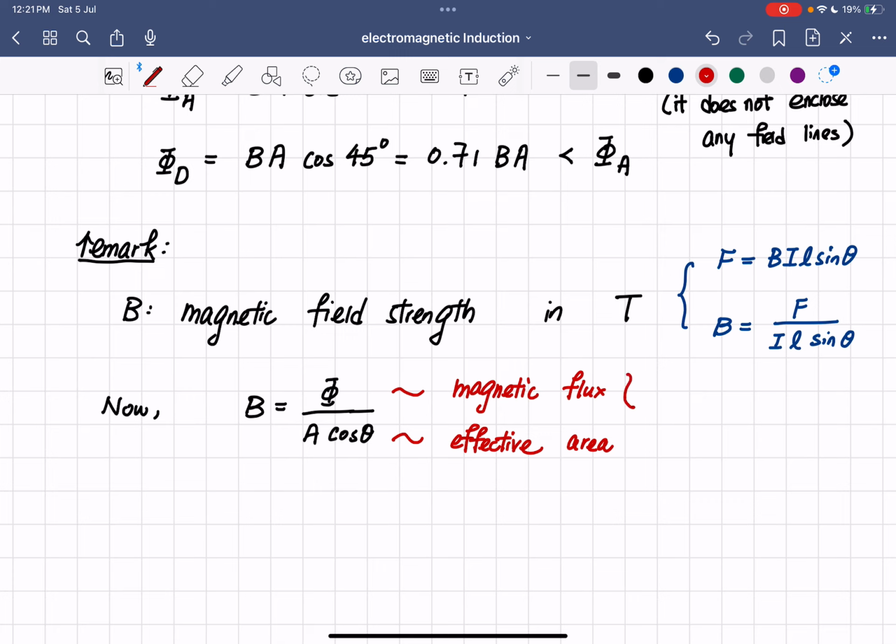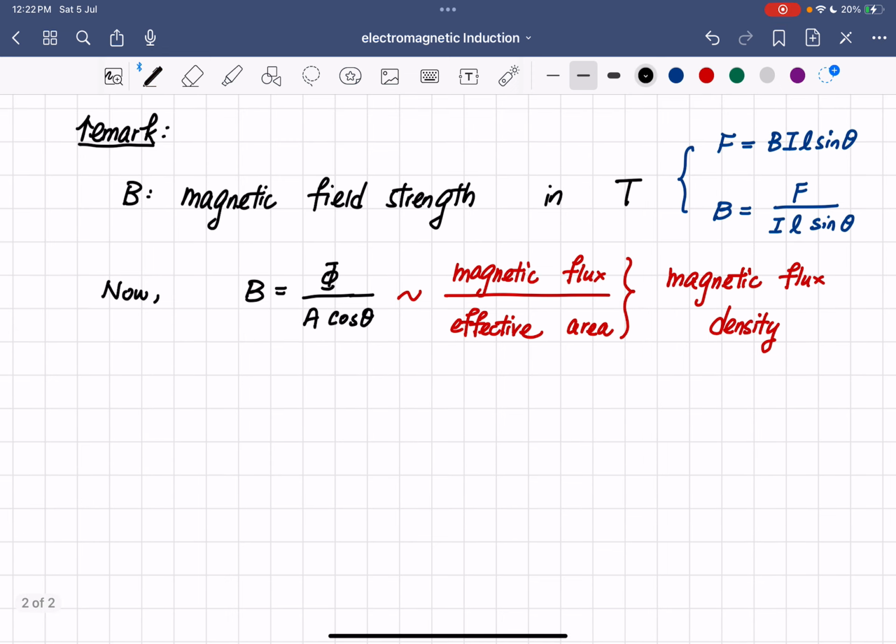And then we call this magnetic flux density. Just like population density, where we talk about how many people are living in a certain area, this is what we call magnetic flux density. So starting from today, or if you look at some past paper questions, they will call magnetic field B by another name: magnetic flux density.